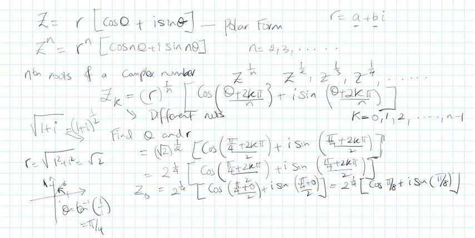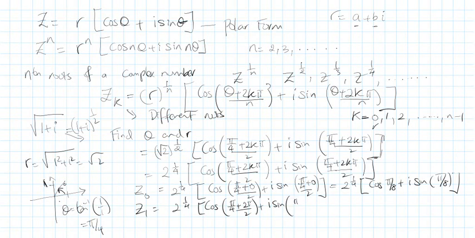But since it's a square root, we actually have two possible answers. So the second answer will be z1. We already replaced k by 0, now we're going to replace k by 1. So it's 2 power 1/4 cos, open bracket, pi over 4 plus 2 times 1 times pi, so that's 2 pi, divided by 2, plus i sine the same angle.